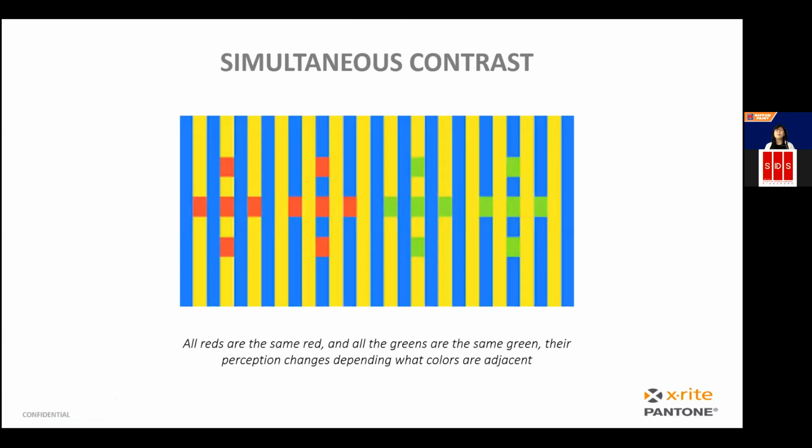This is what we call simultaneous contrast. It has to do with the surrounding or the background. The reds that you can see here in this picture are actually the same red, but under a different background it looks different.